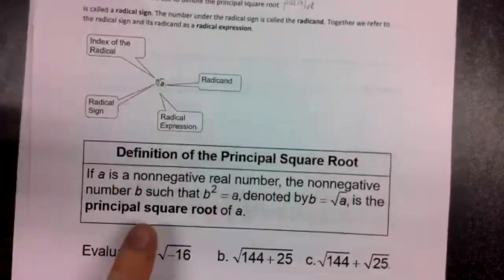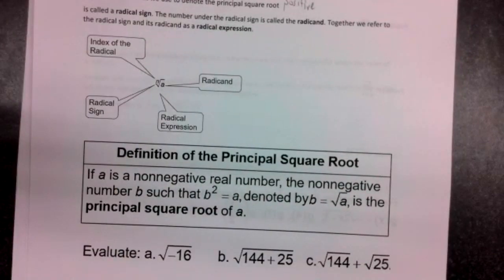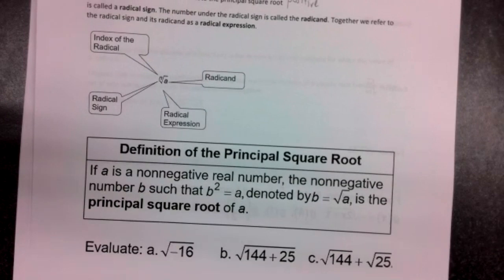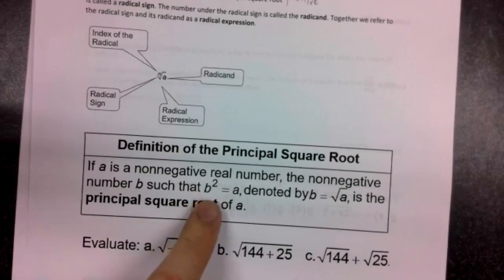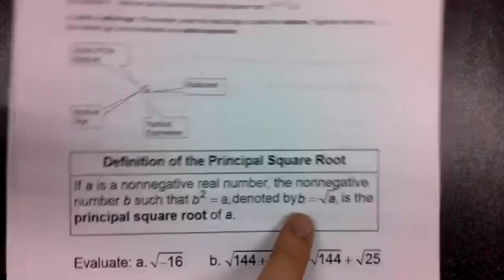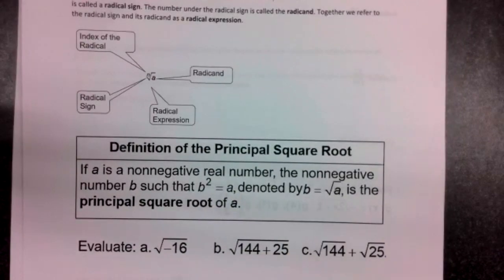Okay, so we'll talk about specifically the principal square root. It says if a is a non-negative real number, the non-negative number b such that b squared equals a is denoted by b equals the square root of a, right?